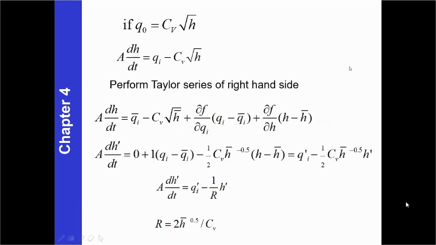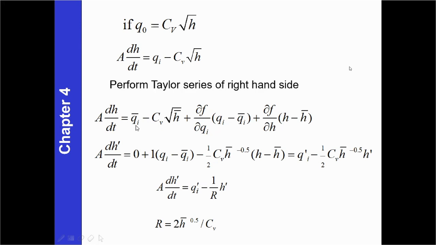If Q naught equals CV times the square root of H, then A dH/dt equals Qi minus CV times the square root of H. We apply the Taylor series to linearize the nonlinear model, expanding the right hand side. So we have A dH/dt equal to Qi minus CV times the square root of H bar, plus df/dQi times (Qi minus Qi bar) plus df/dH times (H minus H bar).